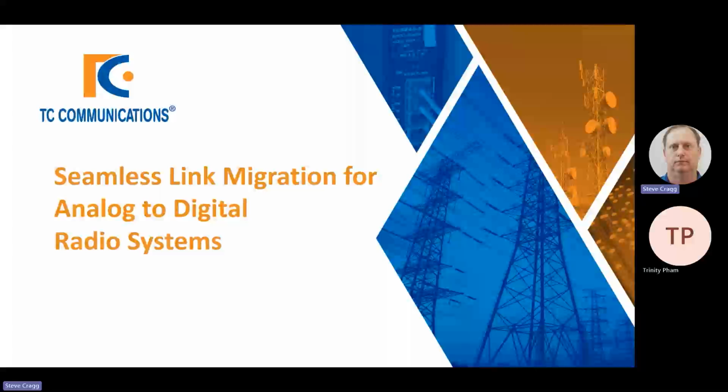Okay, so today we're going to discuss link migration for analog to digital radio systems. In previous webinars and a lot of our material, we discuss moving from analog radio systems through to analog over IP systems using our JumboSwitch. What we've not covered a great deal is using our JumboSwitch as the core IP network for digital radio systems.